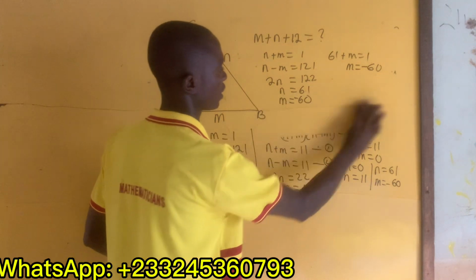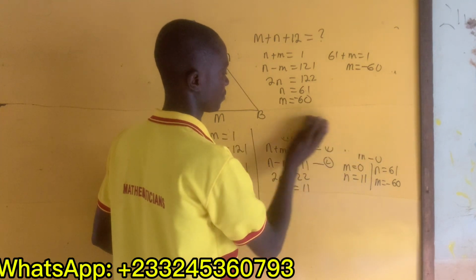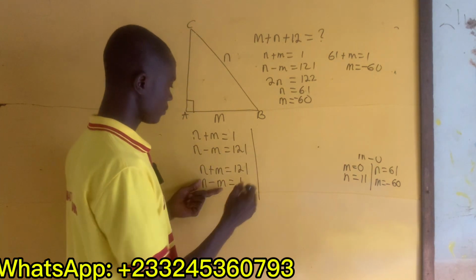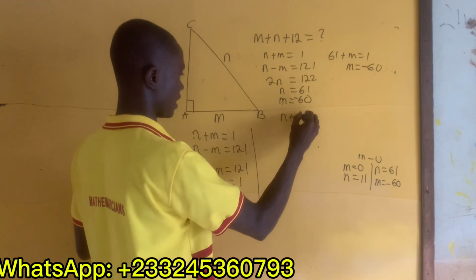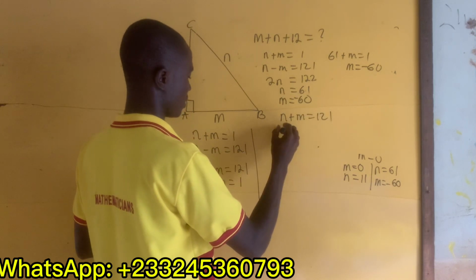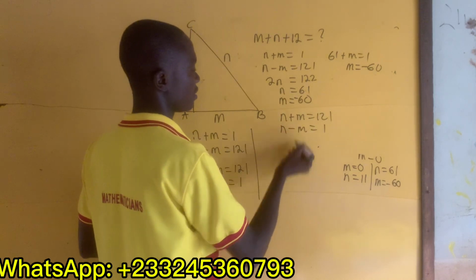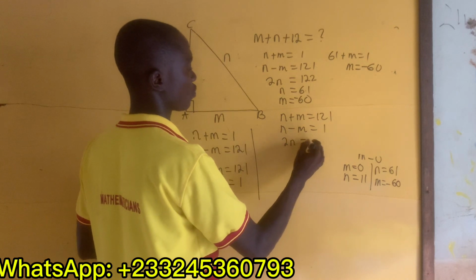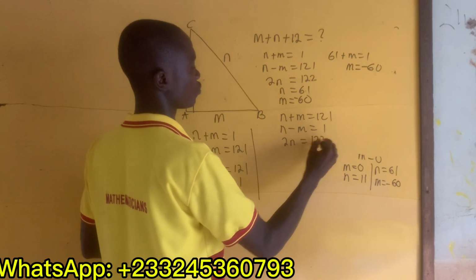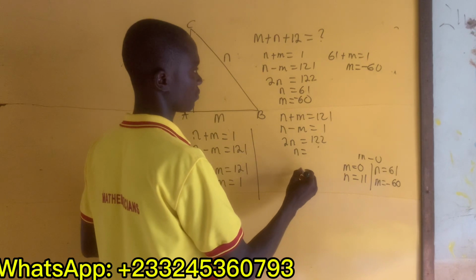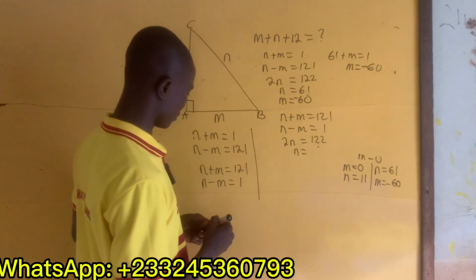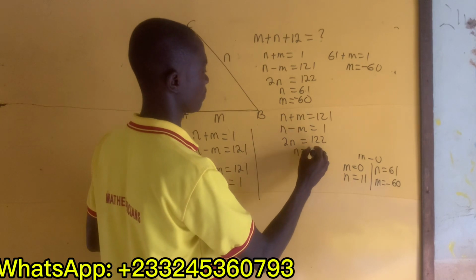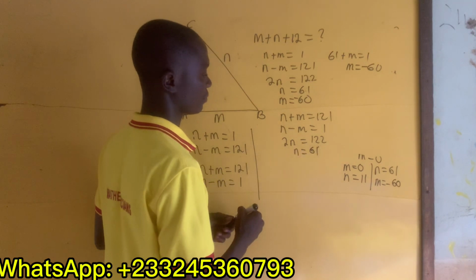Then we take this one. We have n plus m equals 121, n minus m equals 1. If we add this, we're going to have 2n equals 122, and we have n equals 61.